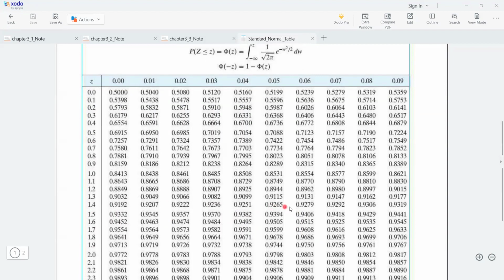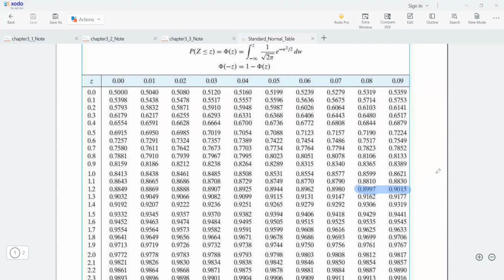If we look at the table, do we have something equal to 0.9? Unfortunately, we don't. We only have something close to 0.9, for example 0.8997 and 0.9015.